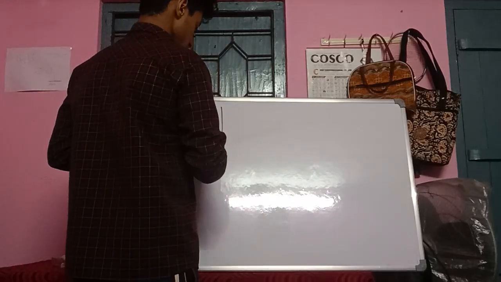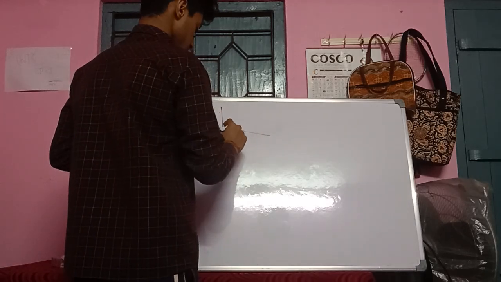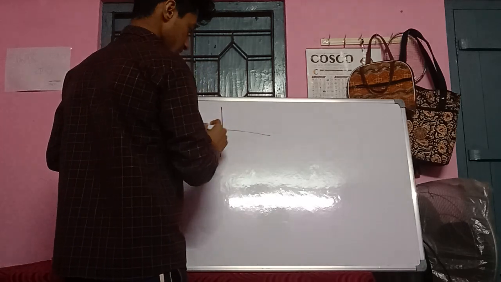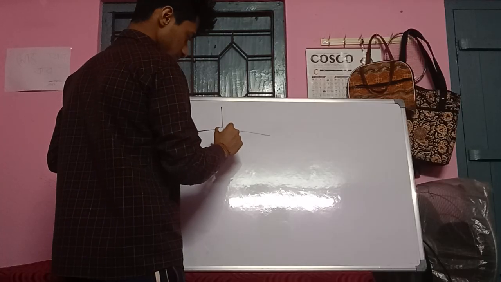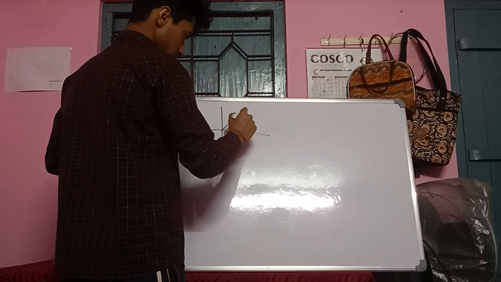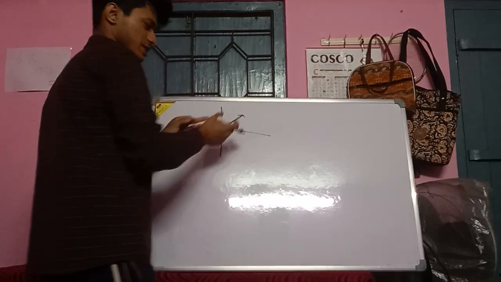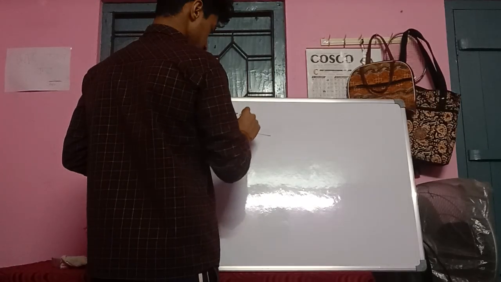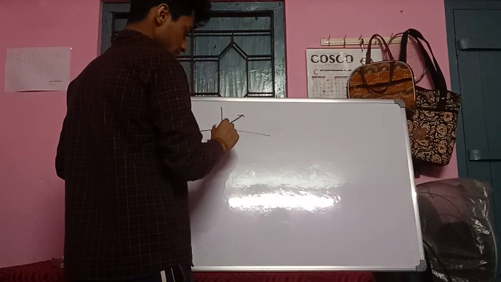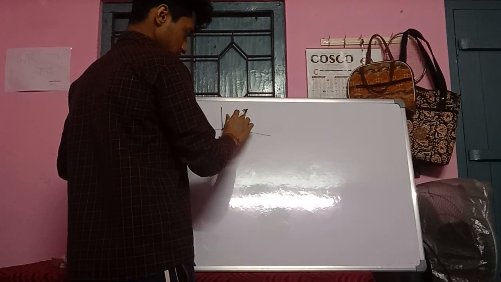Let's say we have a coordinate system here. This is our x-axis and this is our y-axis, and this point is our origin point. And let's say we have a straight line here. Basically, you can think of this as a vector pointing towards this direction, and this creates angle theta with our x-axis.